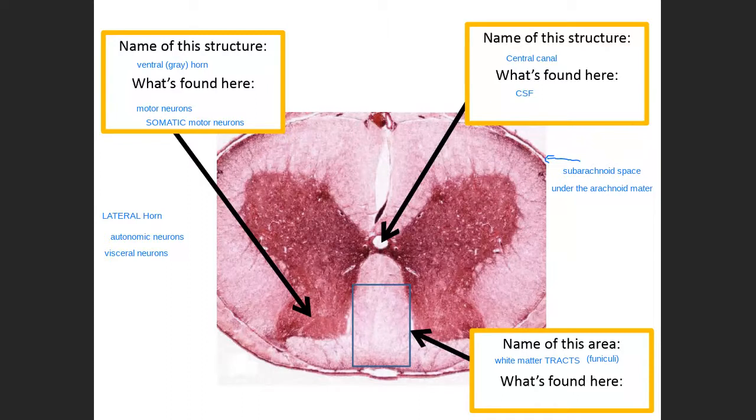Yeah, this is the place in the spinal cord where we find those axons. And the axons are the part of a neuron that's covered in myelin, a myelin sheath. So the reason that the white matter of the spinal cord is white is because we're filled with axons, and those axons are covered in myelin.